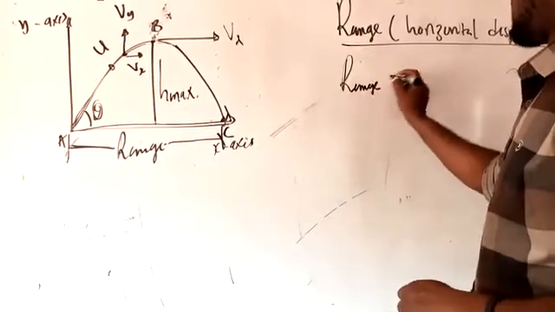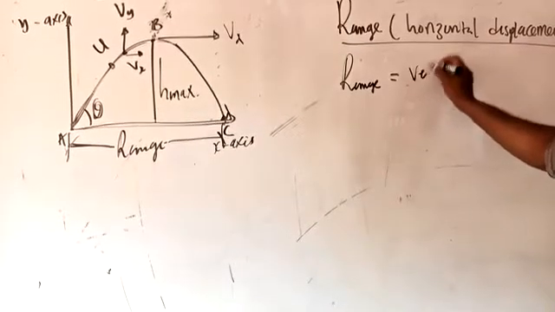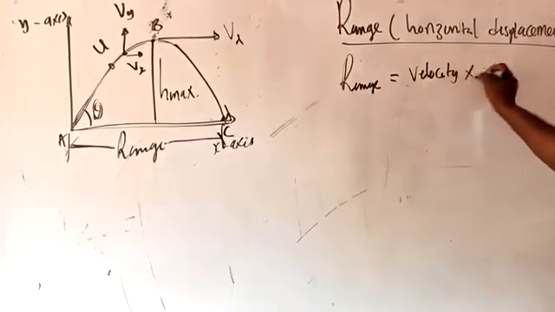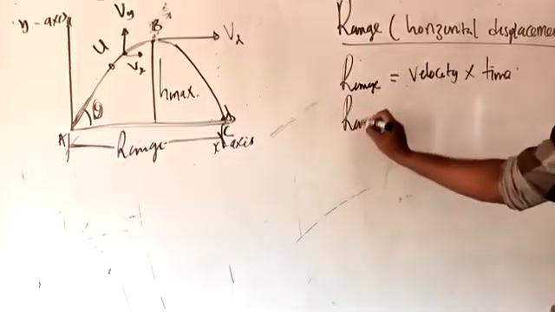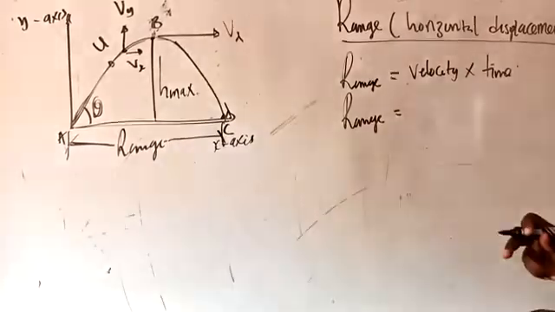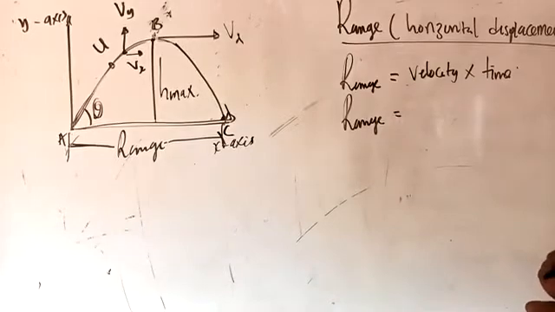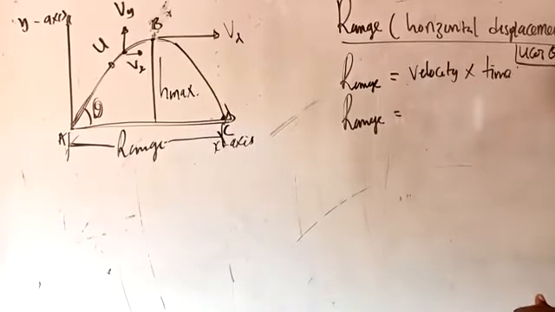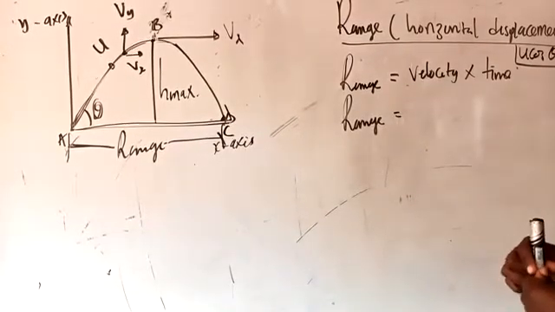or distance, is equivalent to speed or velocity, if you like, velocity times time. So in our case, the velocity here is constant in the x-axis, and we say the velocity in the x-axis is u cos theta. Remember that. We are looking at the range, which is the distance along the x-axis.